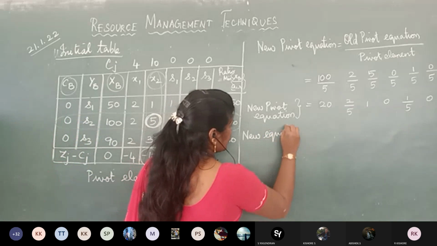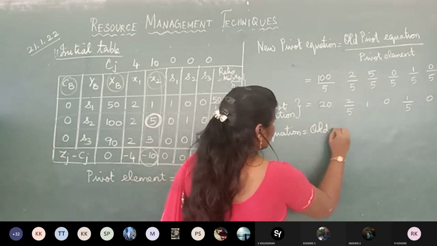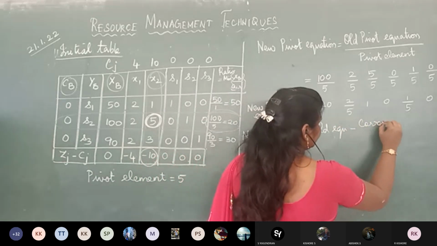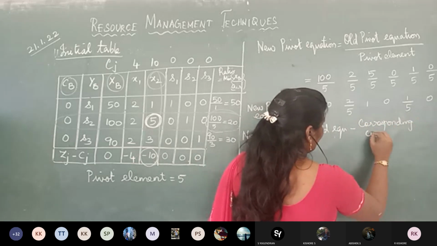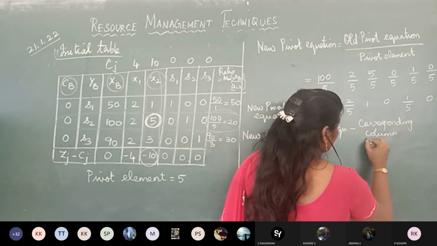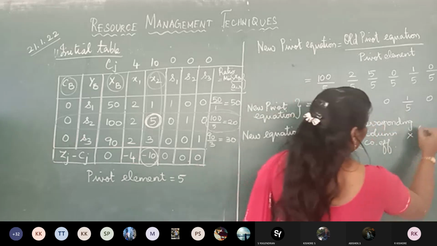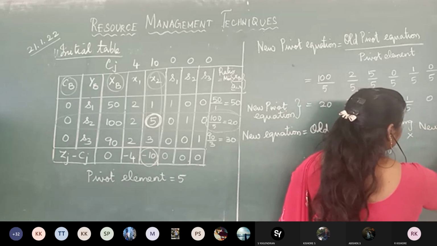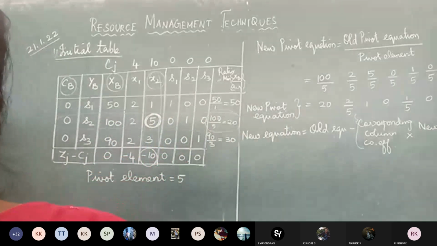Your new equation is equal to your old equation minus your corresponding column coefficient into your new pivot equation.